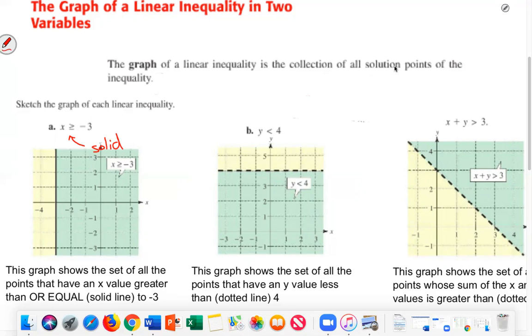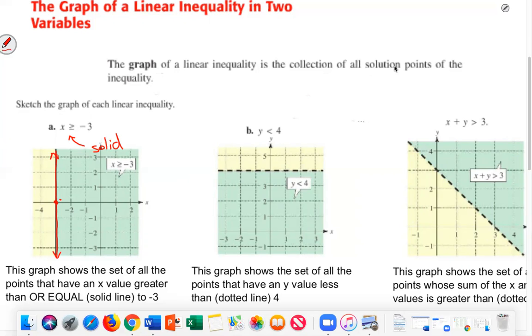It has the line under it. Now, I'm going to go to where x is -3. It's right there. It's going to be a solid line. We know x equals a number is a vertical line. So I'm going to draw a vertical solid line right there.